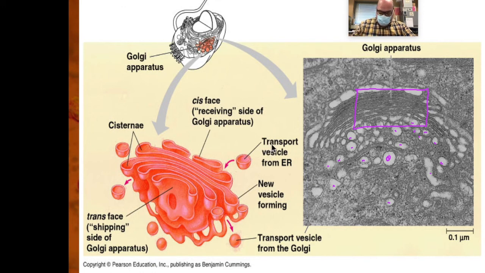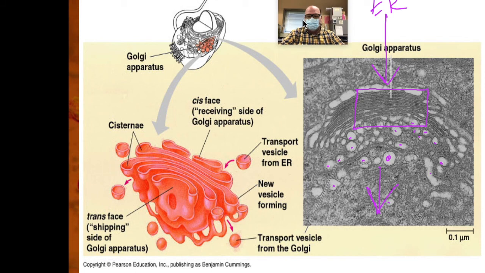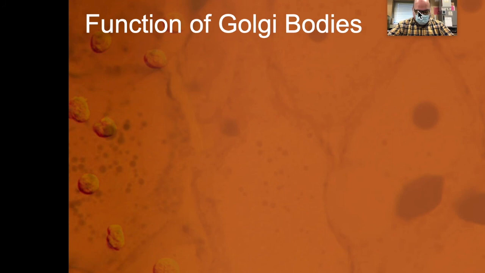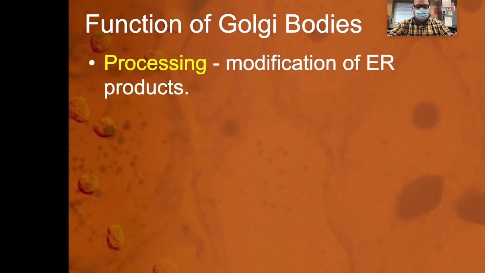So usually you'll see things going from the ER and then out. So it definitely has like a sending and receiving side, okay? And I wrote ER under my picture, okay? Just like real life, I kind of get in the way. All right. So functionally, we've kind of gotten into this, and the structure just automatically leads to the function, okay?